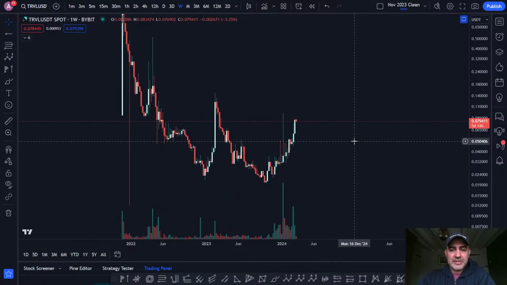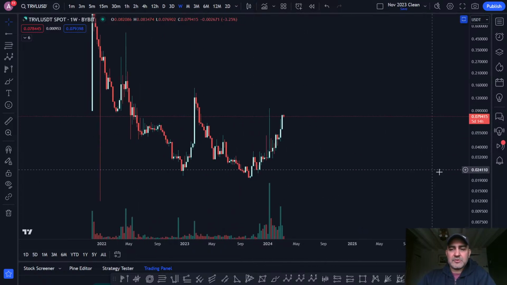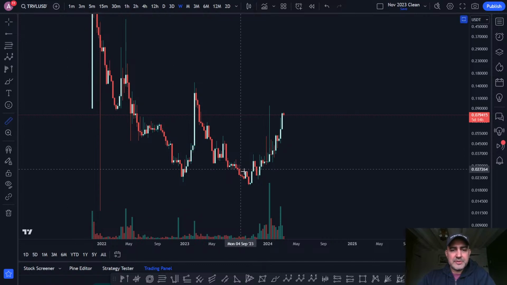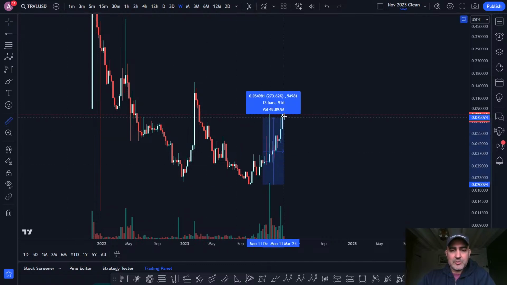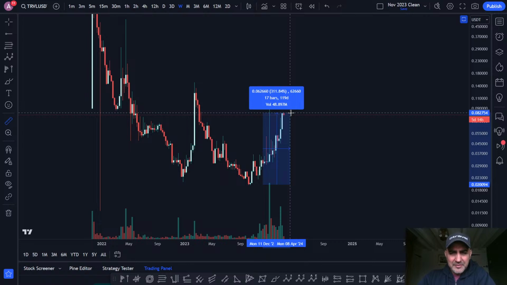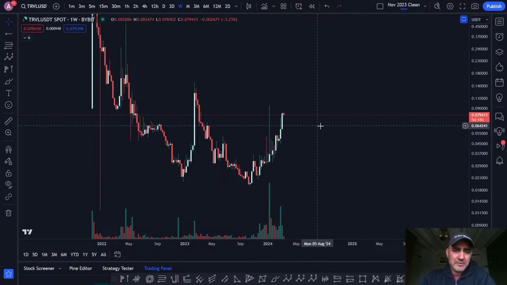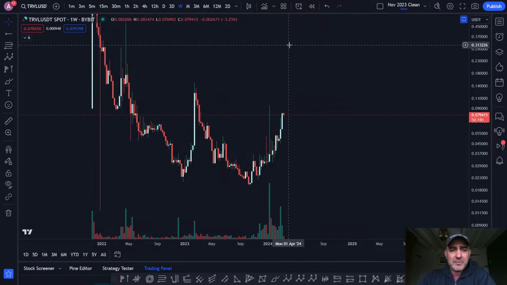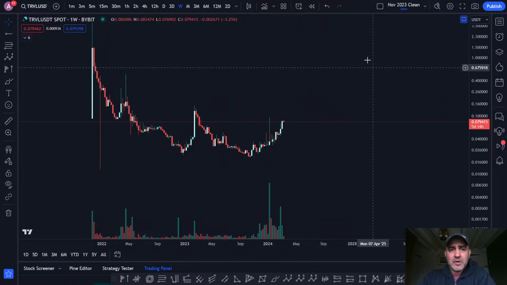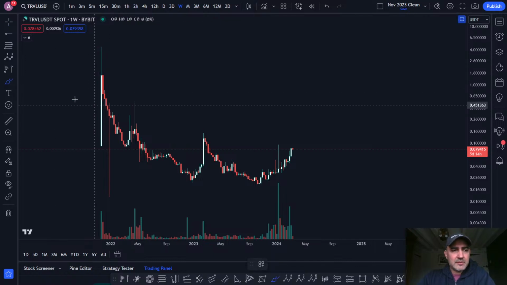To me, the price action is still bullish. You might think that just because we've pumped from the lows, potentially you could argue we've come up. It's not 300%. Some people could take profit, and that's fine if people want to do that. But I've got higher targets in mind.